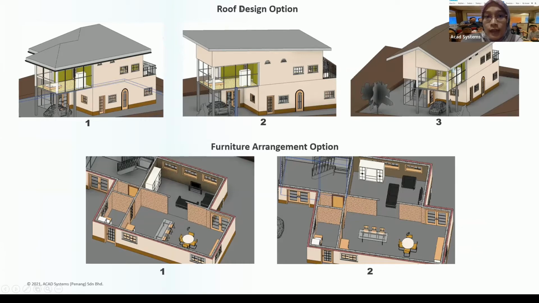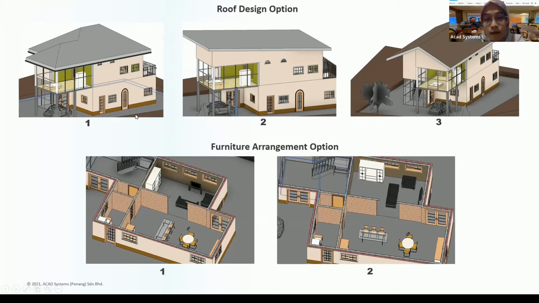Rather than roof design, you can also create furniture arrangement options. For instance, you want to see how your house will look if you arrange using option 1 and also option 2.